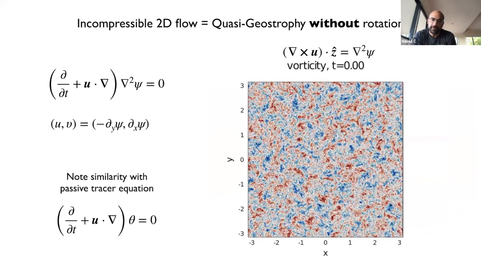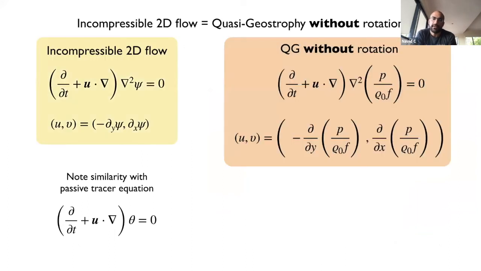So essentially it's without beta. Then this is just a constant F, just F naught. I should have put an F naught there. Hopefully that clears it up. Yeah, so we're on a rotating plane, not a rotating sphere. Yeah, we are on an f-plane, not on a sphere.